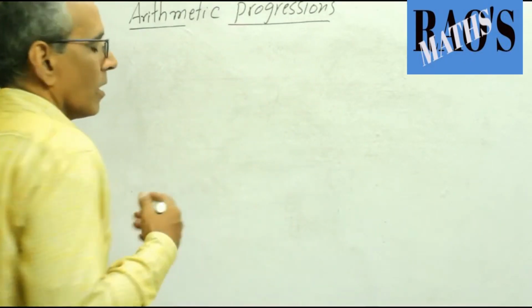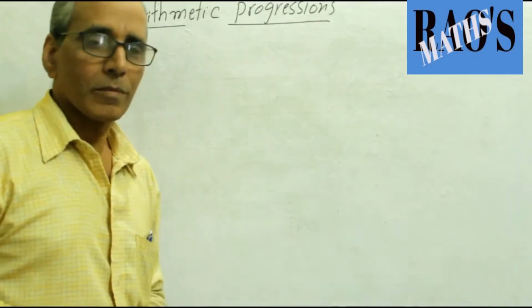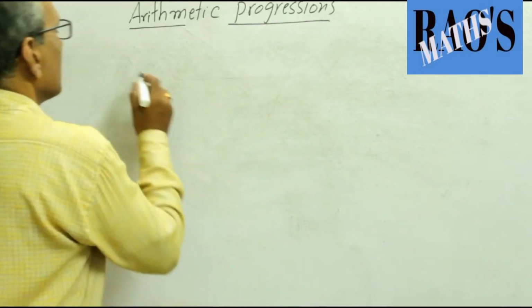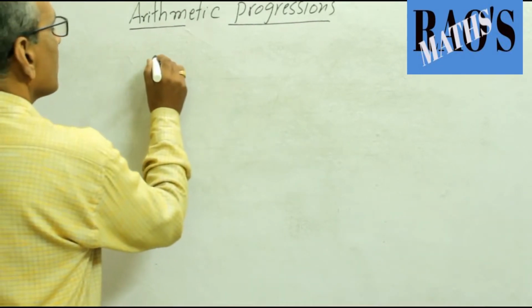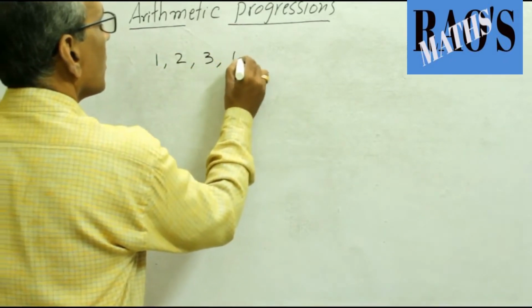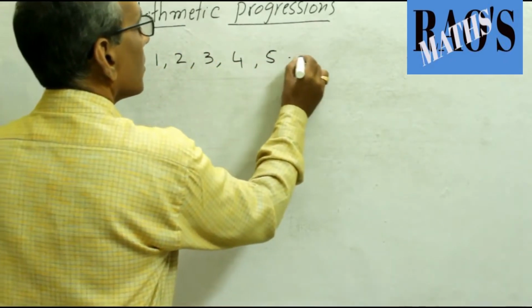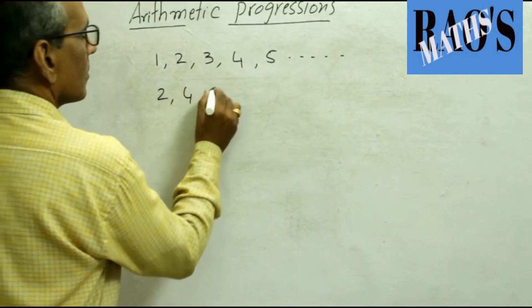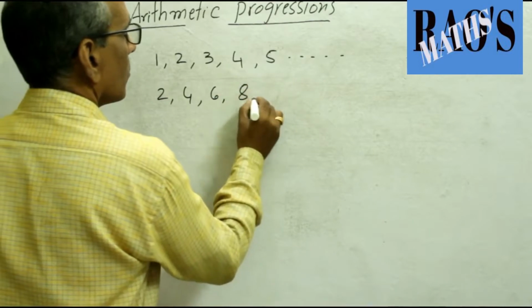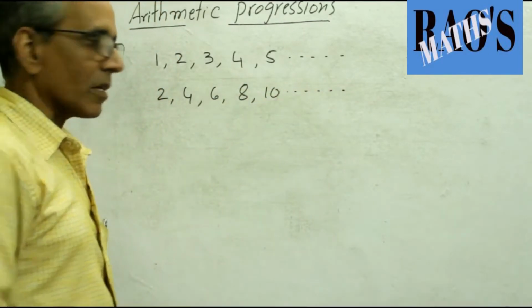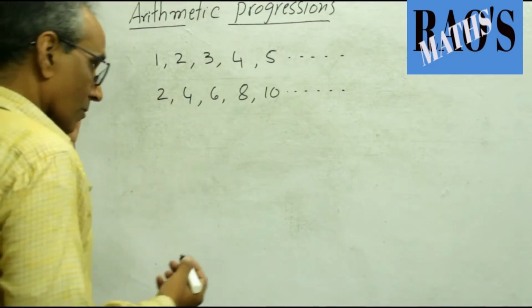Suppose, of course, we used to write this type of numbers in the earlier classes, that is, at primary level. I write here some set of numbers. This is one set. We used to answer the next three questions at the primary level, this type of questions.